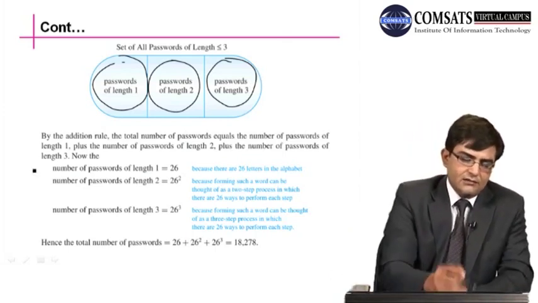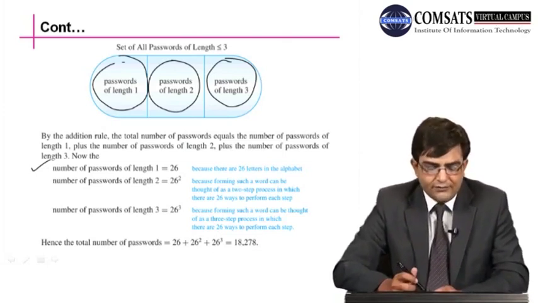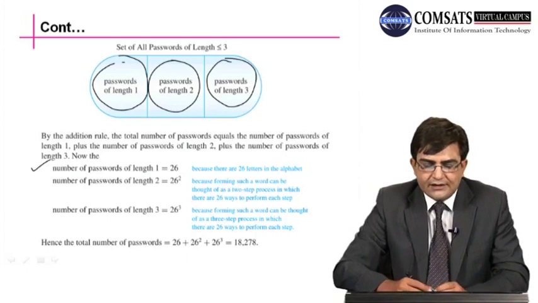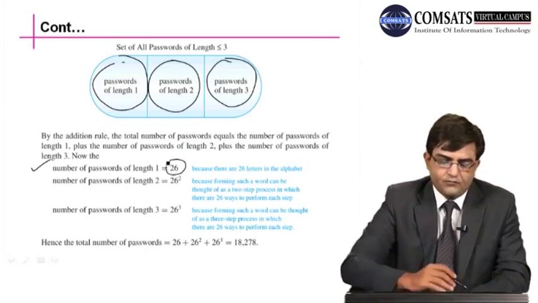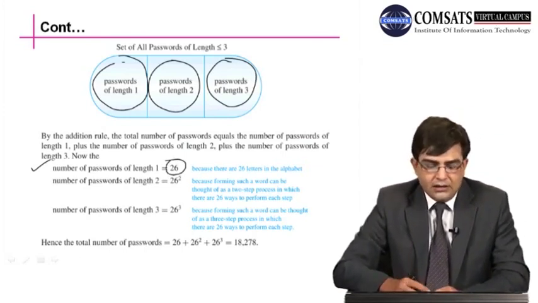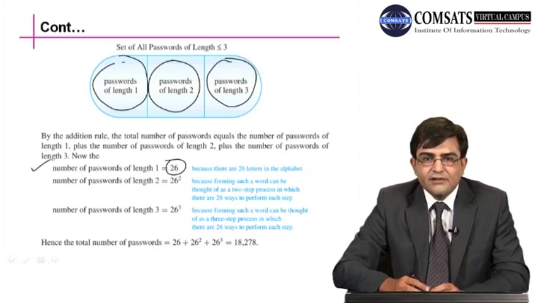Now we see how many possible passwords are there of length 1. Since it is restricted that passwords must be chosen from the alphabets A, B, C, D up to Z, and these are 26 alphabets, therefore all the possible passwords of length 1 are 26. Now in the second set, the passwords are of length 2 and the repetitions are also allowed.